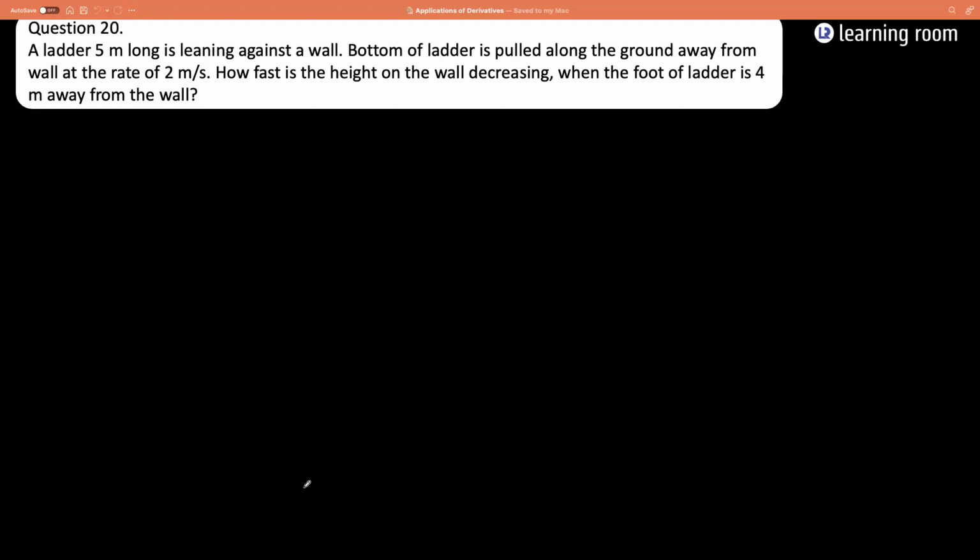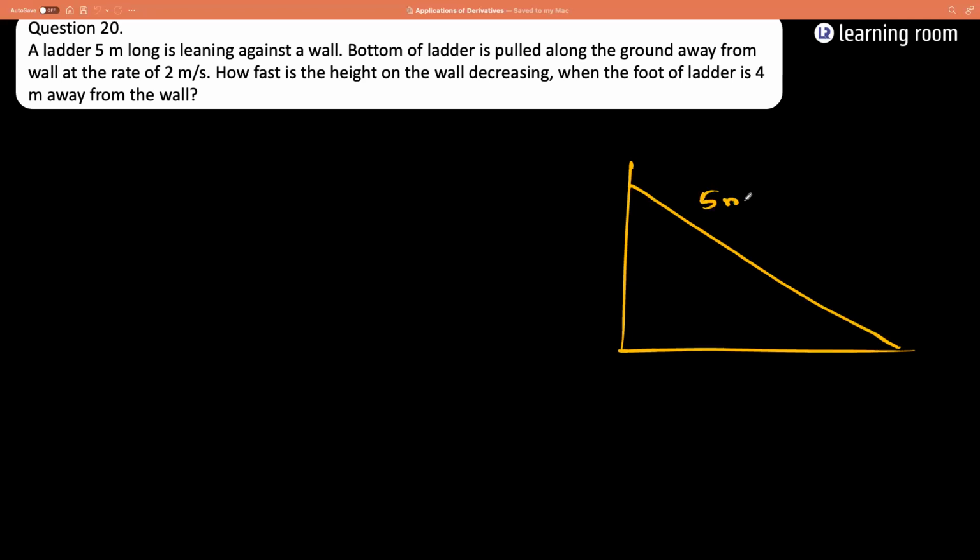A 5-meter long ladder is leaning against a wall. So there is a 5-meter long ladder which is leaning against a wall. Bottom of the ladder is pulled along the ground away from the wall. So this is the direction.